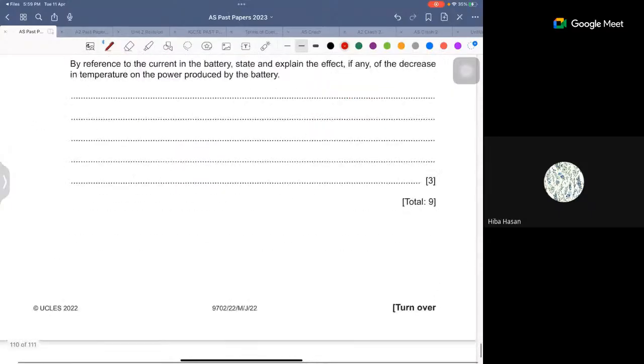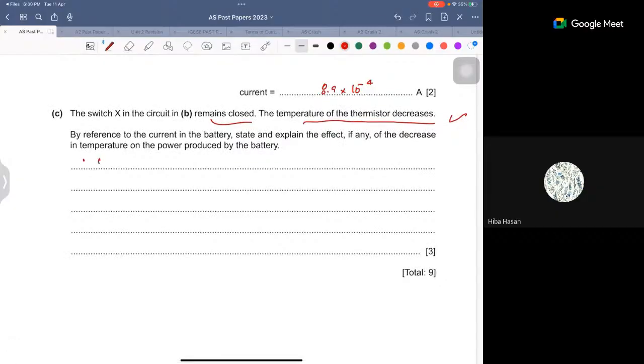Okay, so I'm going to write: overall resistance increases due to increase in resistance of thermistor.